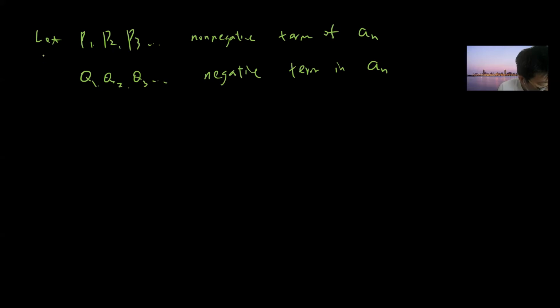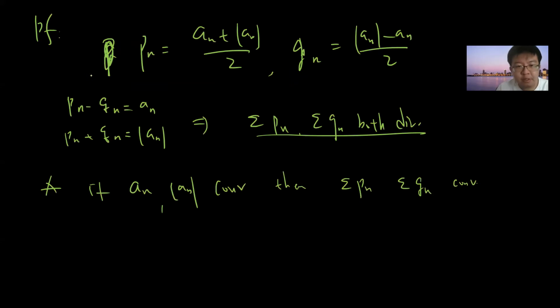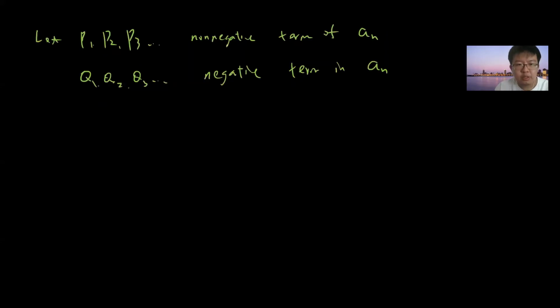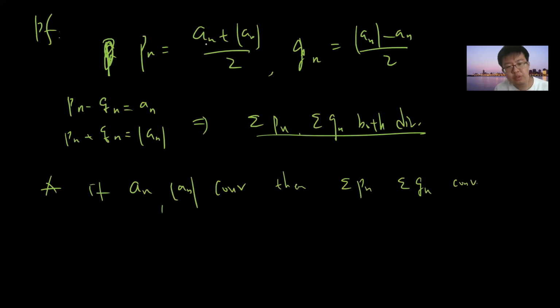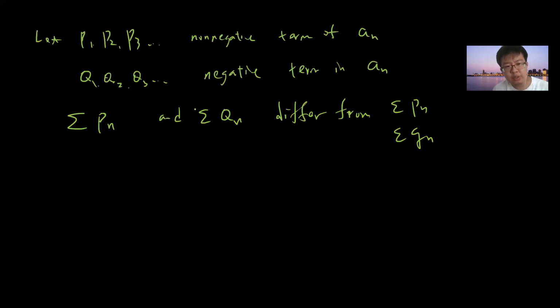Okay, and by definition, you see that the summation of the large Pn and the summation of the large Qn differ from the summation of the small pn and qn only by zero terms, right? If An is positive, then it becomes Pn and Qn becomes zero. If it's negative, then Qn becomes non-zero.